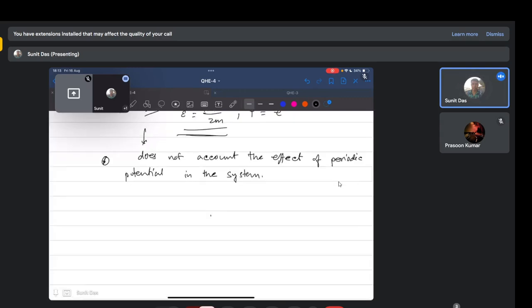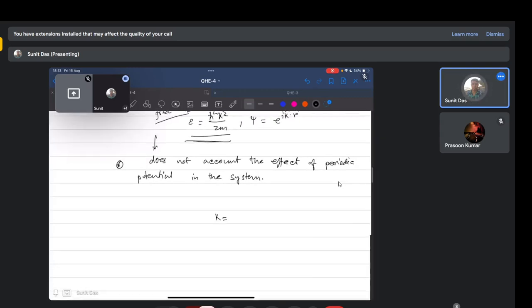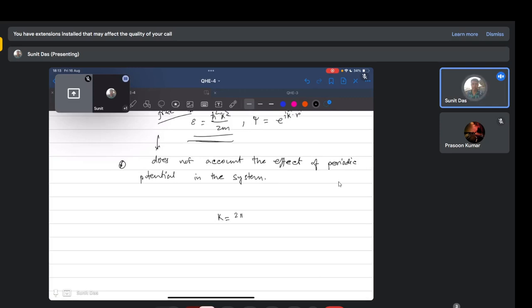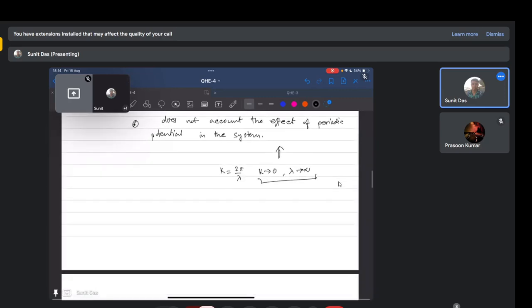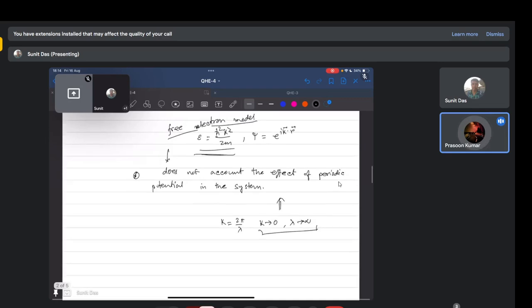So k is simply related to 2 pi by lambda. So k tends to 0 means lambda tends to infinity. So this is the long wavelength limit. K sets the boundary of our Brillouin zone, kind of periodically.